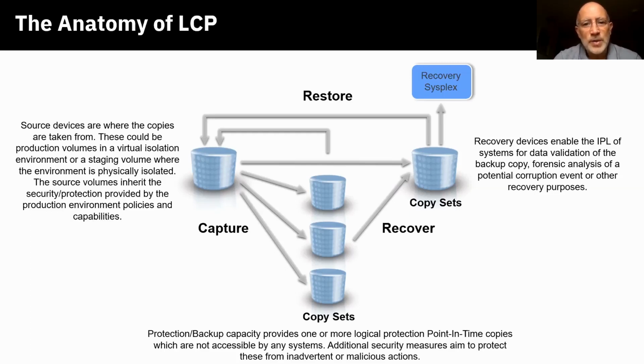The captures are taken to what we call a copy set. A copy set, which is that middle column, can either be flash copy or safeguarded copy. So it's up to you how you wish to deploy LCP. You could use either flash copy or safeguarded copy, or you could simply use a combination of the two.